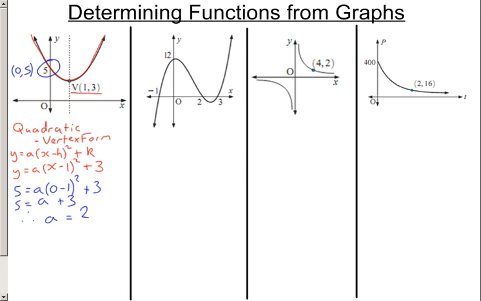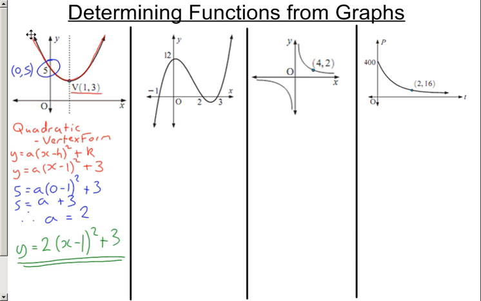We mustn't forget the final step here is to write out the actual full function, which is y equals 2(x minus 1) squared plus 3. So that's the function that gives us that quadratic. Now, we could expand that into ax squared plus bx plus c form if we wanted, but you don't need to unless the question specifies to write it in that form.